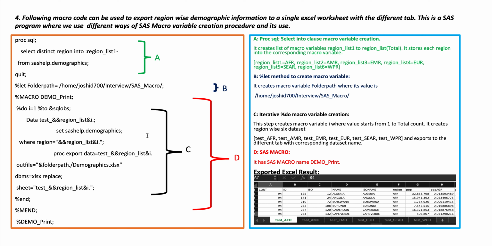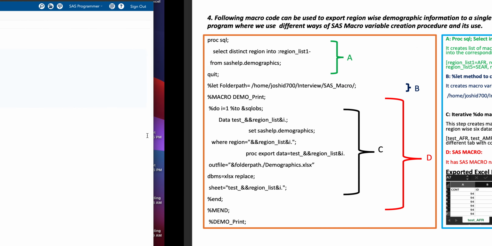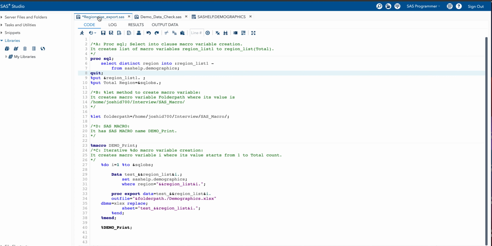Let me go to the SAS window and run the code. It's the same set of code. First set of code is PROC SQL with the SELECT INTO clause, where it stores all regions into different macro variables region_list1 to region_list6, because in this example the total number of regions is 6. Then we are mainly concerned with the %do loop here.